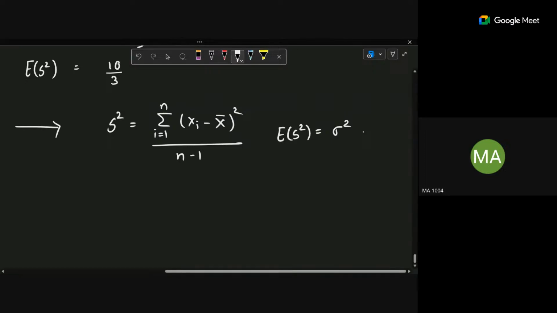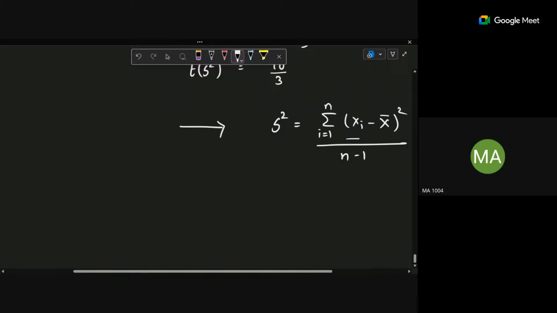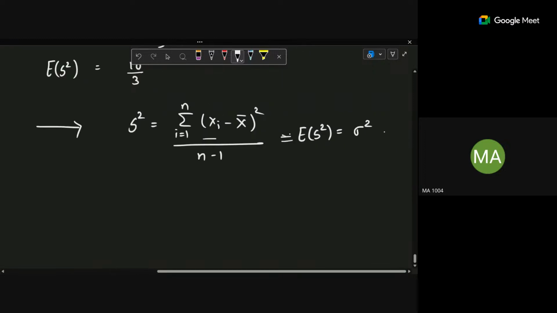Whenever your sample variance is given in this format, you can claim that your expectation of S square is sigma square. But remember the rest of the conditions, that the xi's are IID and all these things. When you apply any theorem, check all the necessary conditions.